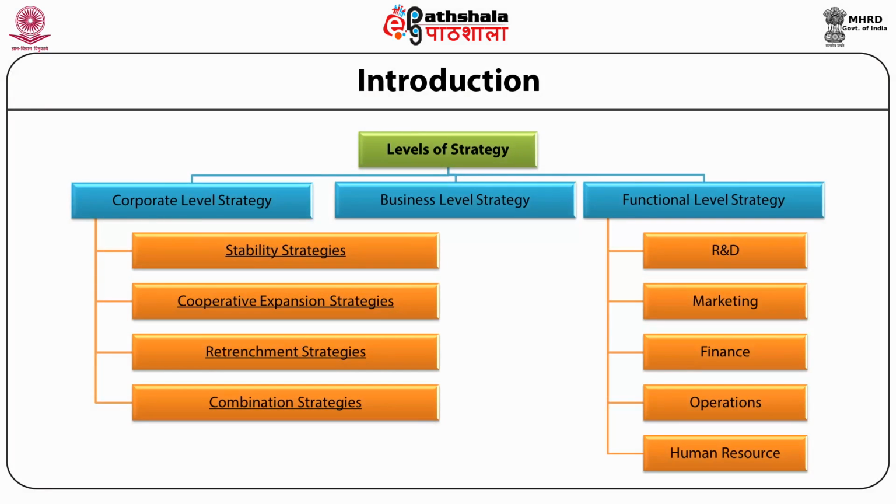A corporate level strategy includes strategies like stability strategies, cooperative expansion strategies, retrenchment or divestment strategies, and combination strategies. Whereas functional level strategies in a business organization would include research and development, marketing, finance, operations, or human resources.